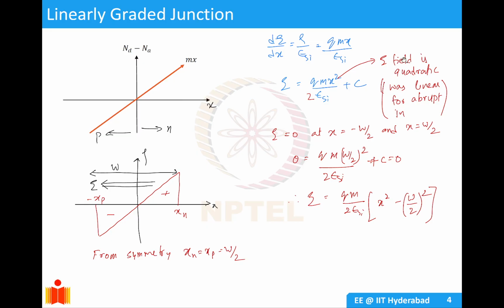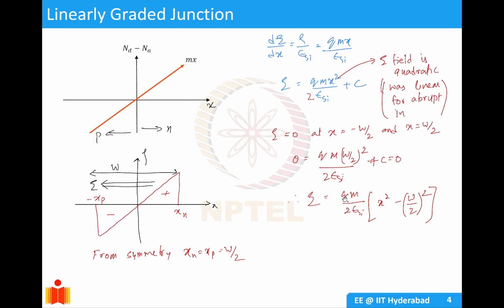If you put x equals 0, the electric field is not zero by default; the electric field will be 0 at the edges of the depletion region, at minus xp and at xn, which is at x equals minus W by 2 and x equals W by 2. So you put that here, and from that you can calculate the C.